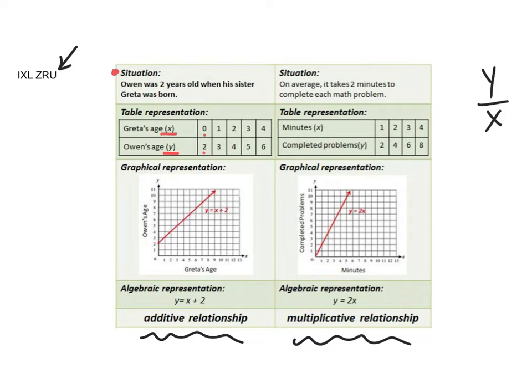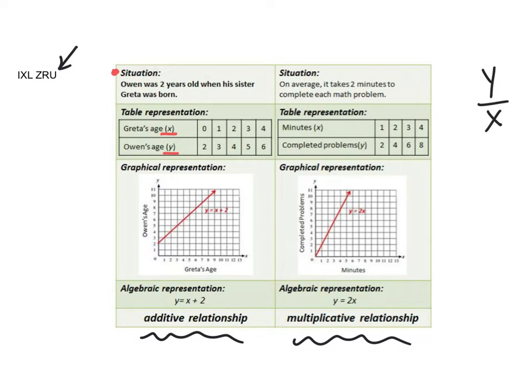When she was 2, he was 4. You'll notice the relationship there is that each of these is going up. But what you'll notice is they're not always going up by the same ratio. They look like they're going up by 1, but they're not equivalent ratios, like 2 over 0 isn't the same as 3 over 1, as you would expect later on when we do multiplicative.